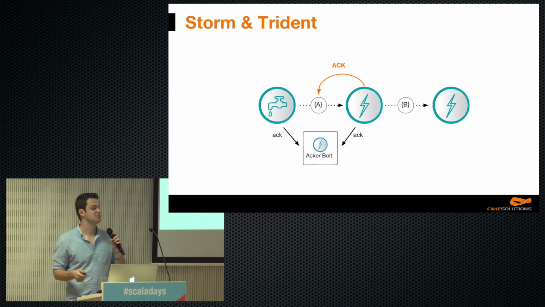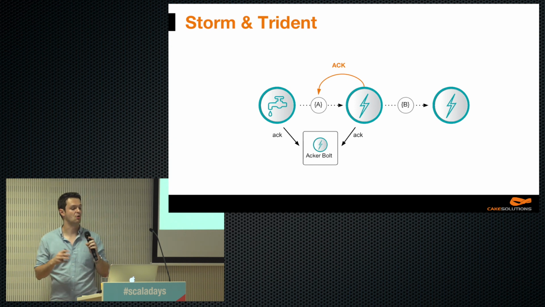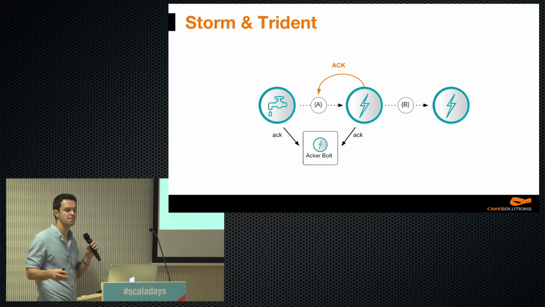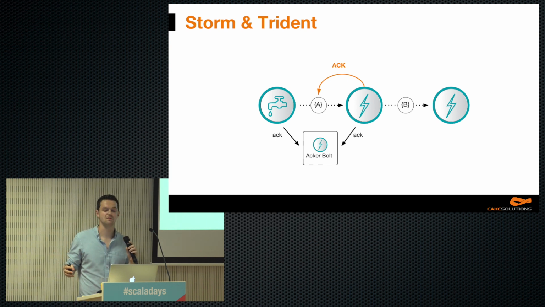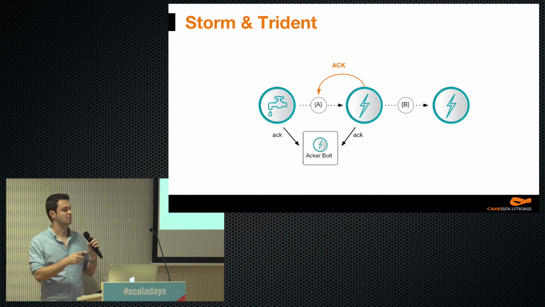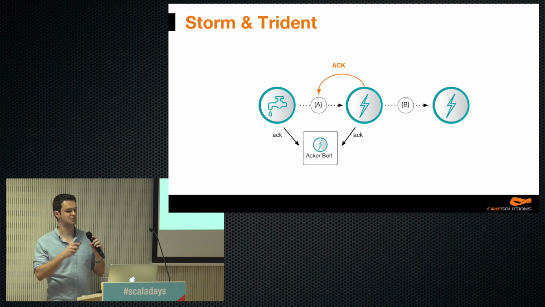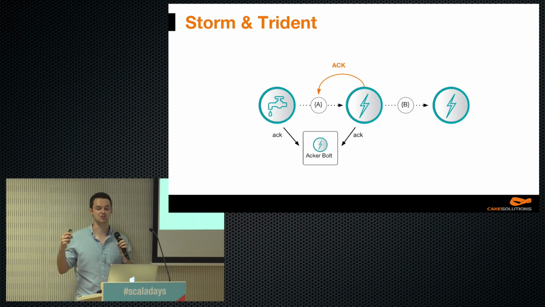Storm uses a mechanism of upstream backup and record acknowledgements to guarantee that messages are reprocessed after a failure. Acknowledgement works as follows. An operator sends back to the previous operator an acknowledgement for every single record that has been processed. And the source of the topology keeps a backup of all records it generates.